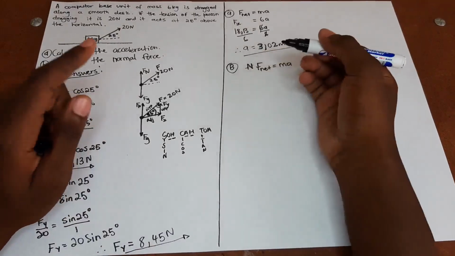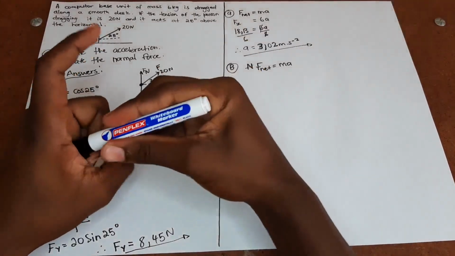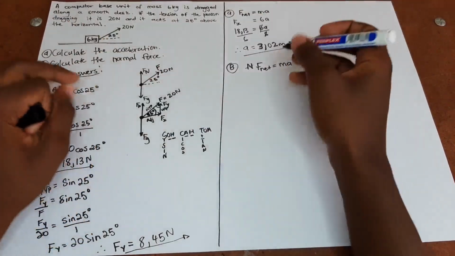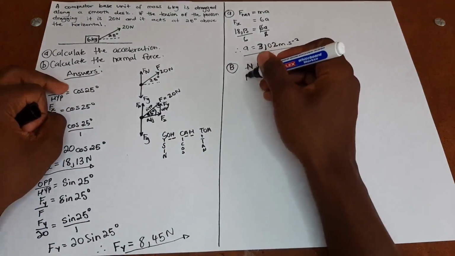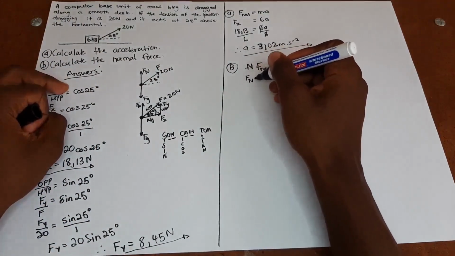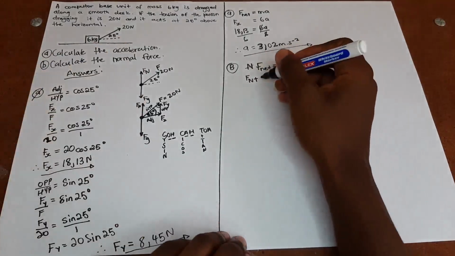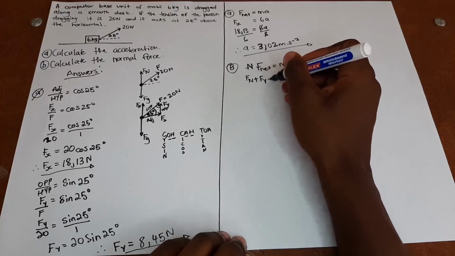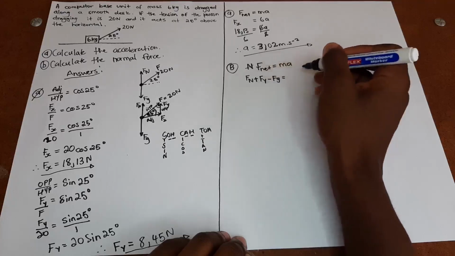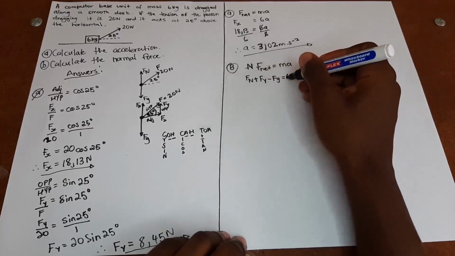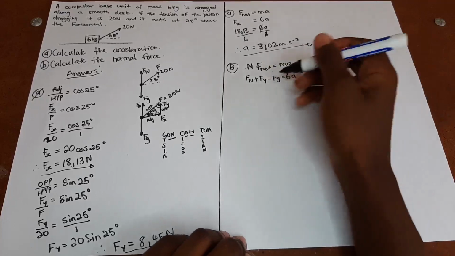We have the vertical forces, because we're calculating for the normal force. So you have your normal force plus your Fy, your y component, minus Fg, is equal to mass multiplied by acceleration.